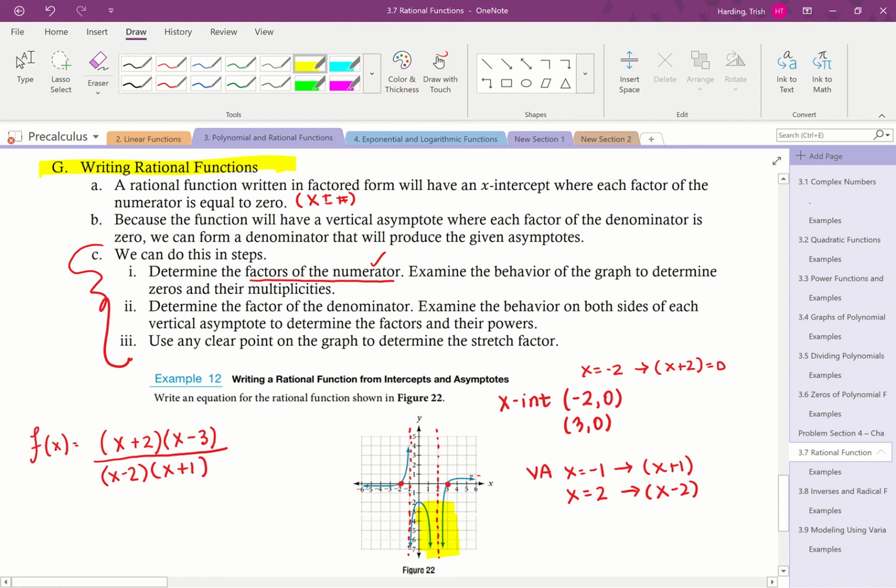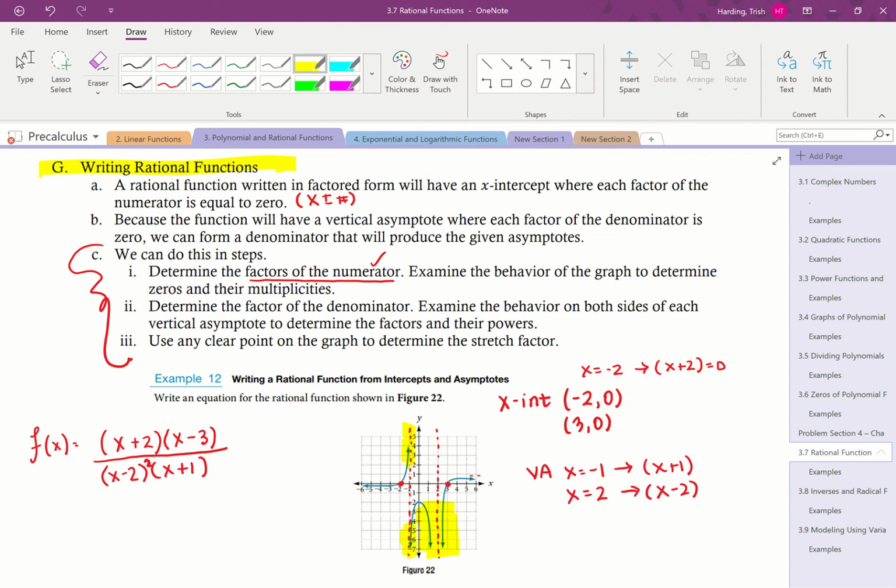So that would mean that that asymptote has a tendency to have a square on it. So that would be squared. Notice how at this asymptote, they go off in opposite directions. That would indicate that maybe it is an odd multiplicity. So here we're going to stick with that.